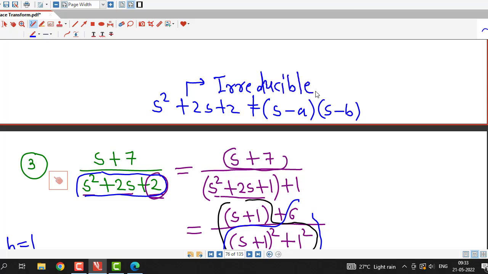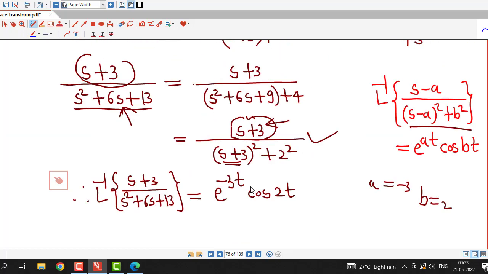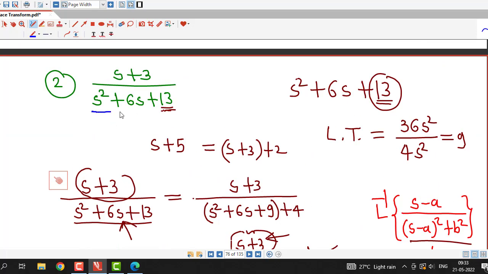So if you have a second degree irreducible factor in the denominator, then only you have to use this formula. In this also we can observe that we cannot write this as s minus something into s minus something, or s plus something into s plus something. We cannot reduce it into linear factors. So in that situation only we have to use this formula.